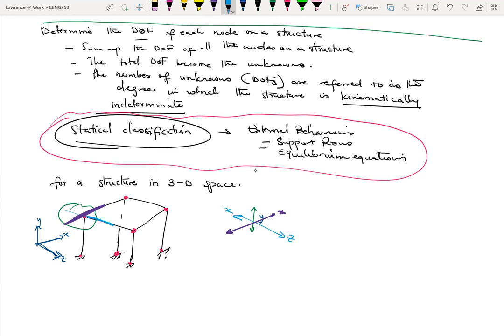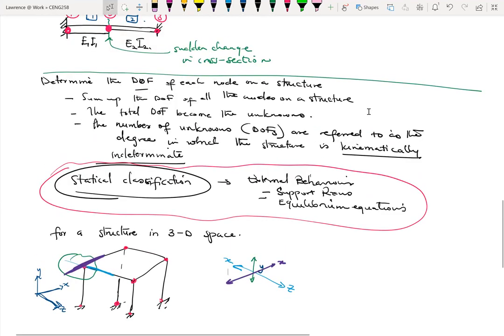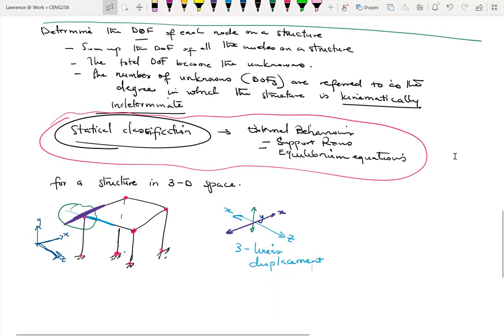So it means that a node can move in three linear displacements, or translationally, it can move in three directions. All right, so this is for three linear displacements. Okay, and for an unrestrained node, it will not only undergo linear displacement, but it can also undergo rotations.